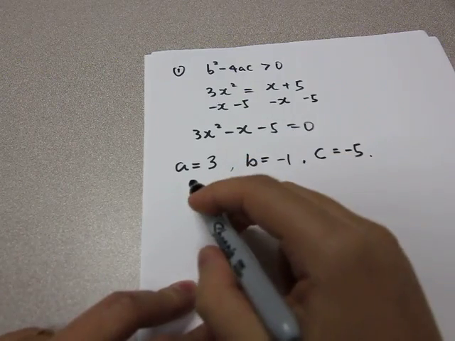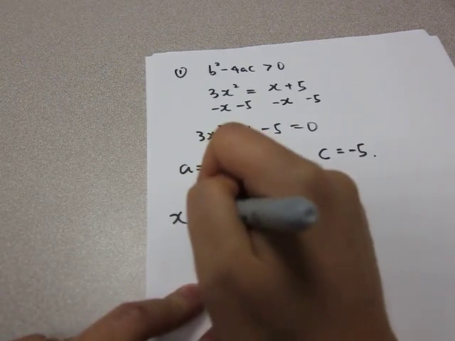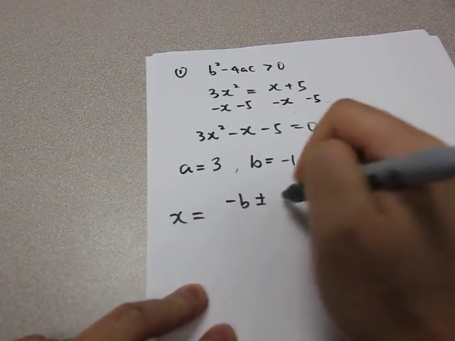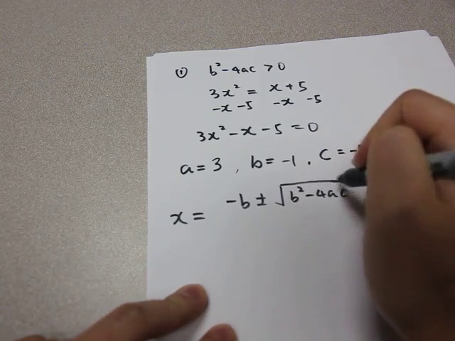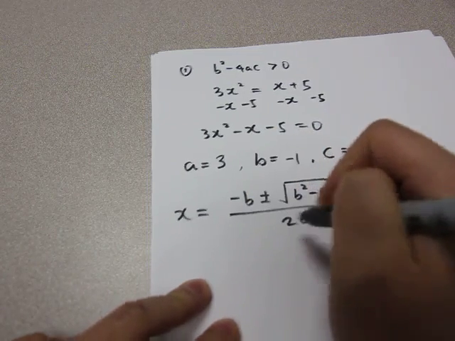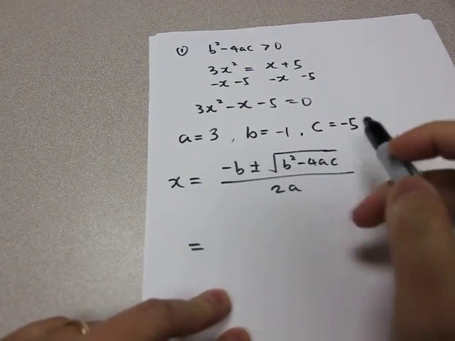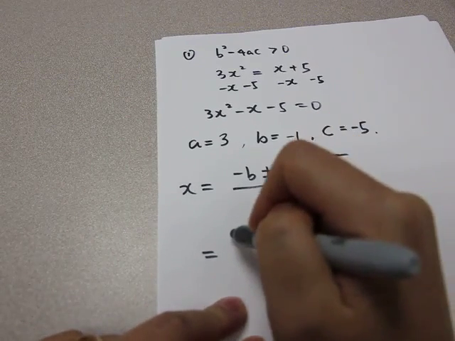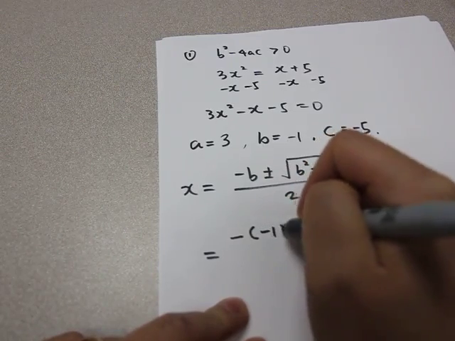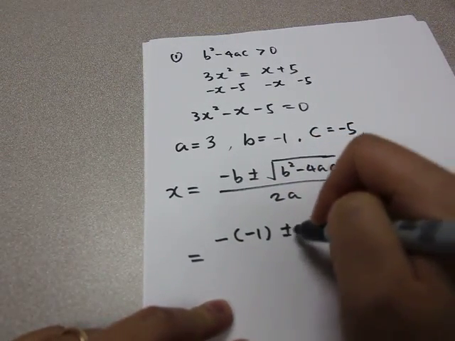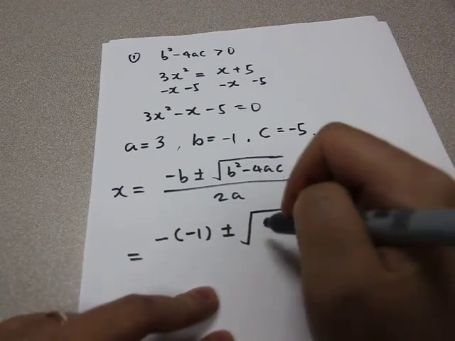After we write down these three numbers, in the next step, we plug these three numbers into the formula. So minus B, this is like minus -1, plus or minus the square root of B squared.